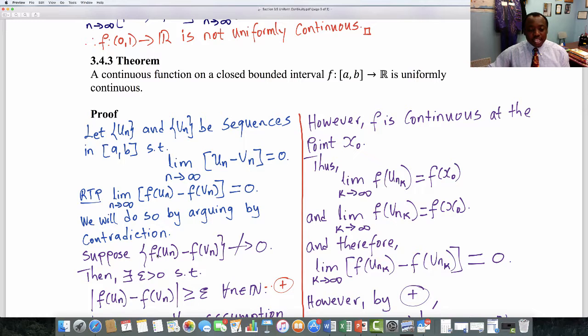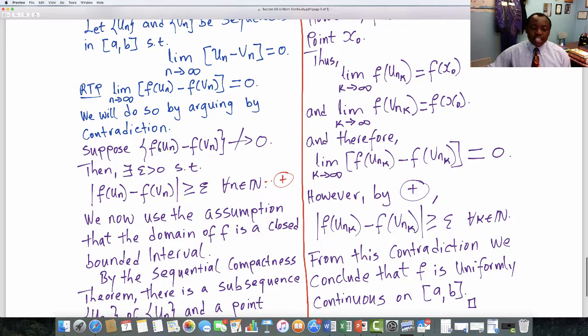Suppose the sequence f(u_n) minus f(v_n) does not converge to 0, i.e., suppose the limit as n approaches infinity of f(u_n) minus f(v_n) is not equal to 0, but at the same time, the limit as n approaches infinity of u_n minus v_n is 0, and f is continuous on a closed bounded interval. Let's see how we would come up with a contradiction following this assumption.